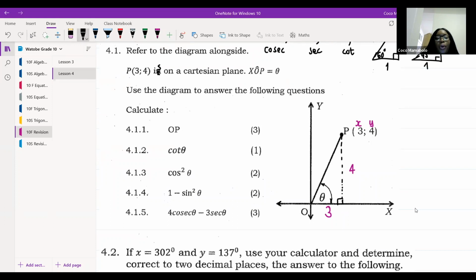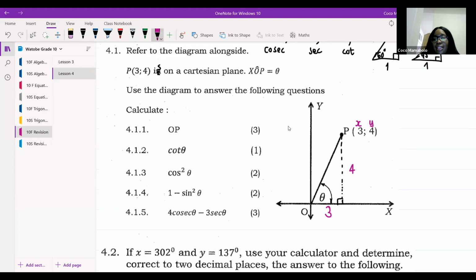So it says 4.1.1, calculate OP. What are we going to use to calculate OP, guys? Any ideas? How do we figure out what OP is?